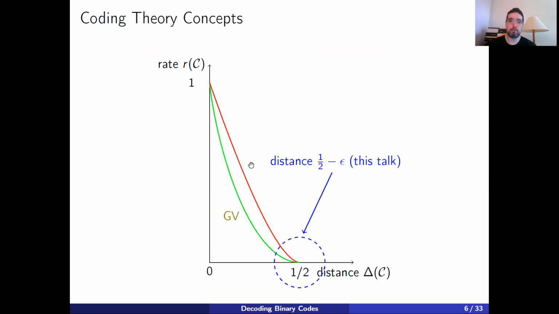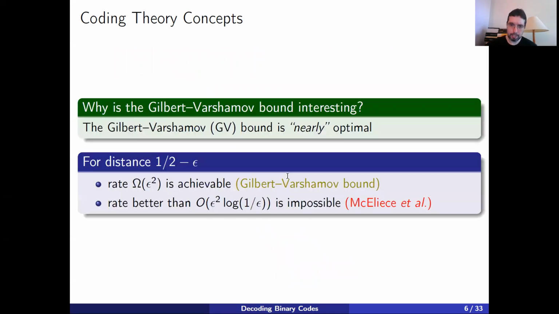And in this talk, we are going to focus on the large distance regime for binary codes, and this means distance half minus epsilon. And again, the GV bound is nearly optimal. What does that mean in this very large distance regime? The GV bound established that rate epsilon squared is achievable. And we know from the impossibility results that the best that you could hope for is an extra log factor.